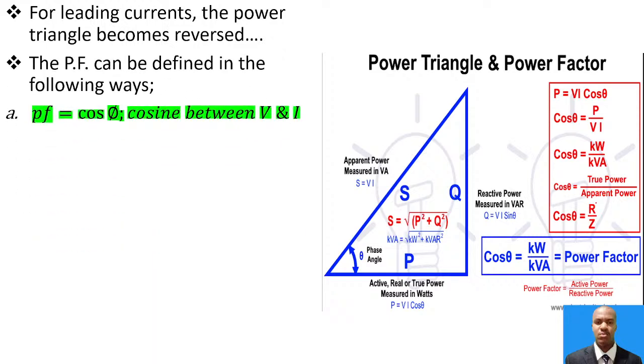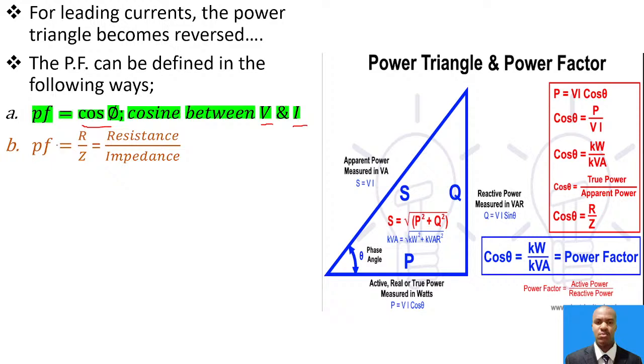And we can also define it in terms of PF is equivalent to cos phi, and this cos phi, phi is the angle between voltage and current. So you take the cosine of the phase angle between voltage and current.